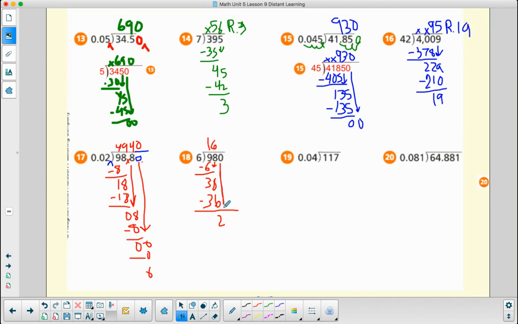Bring down my 0. How many 6s could I get out of 20? I could take out 3 6s, and 3 6s would be taking 18 out. And I would have 2 left that didn't fit in. Since I have whole numbers, it's a, sorry, that's a remainder of 2.